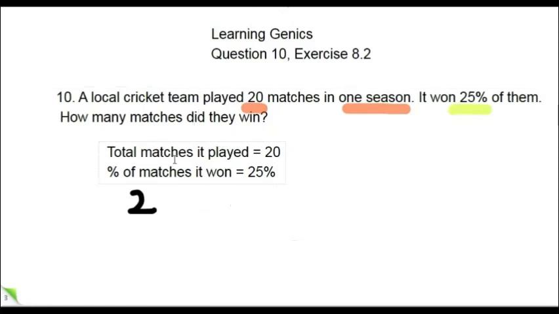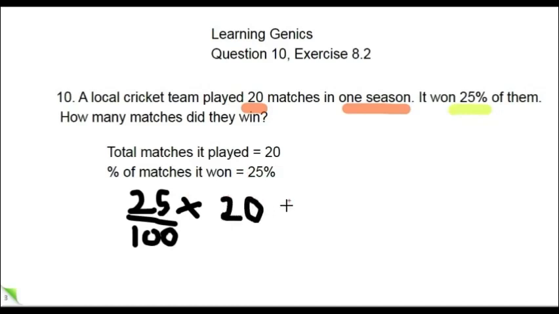So we write 20 times 25 upon 100. Now 20 cancels with 100: 20 ones are 20 and 20 fives are 100.